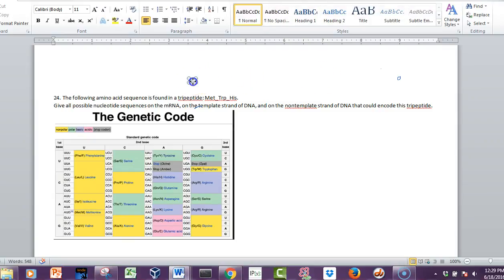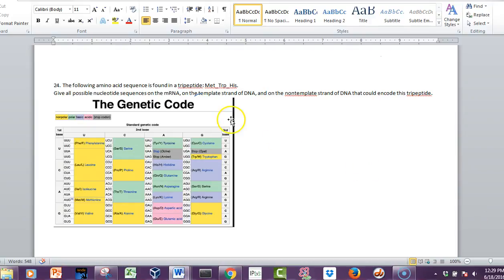And so we can go through some of those, and it kind of gets to the idea that there's multiple sequences that can code for the same amino acid and that kind of thing. So we have MET, TRP, HIS. Now there's only one codon for MET, so that has to be AUG. TRP.